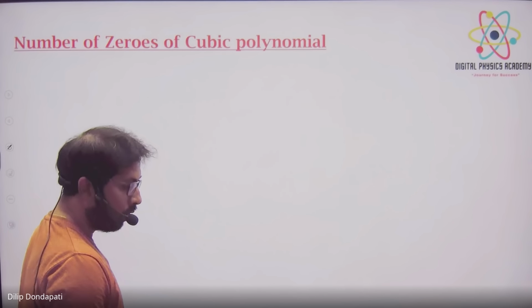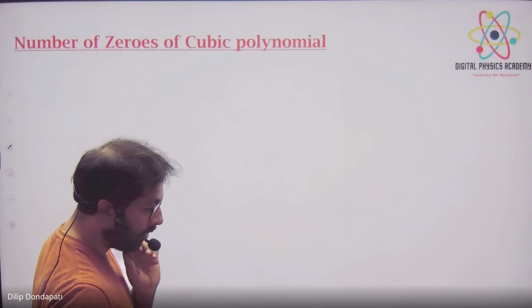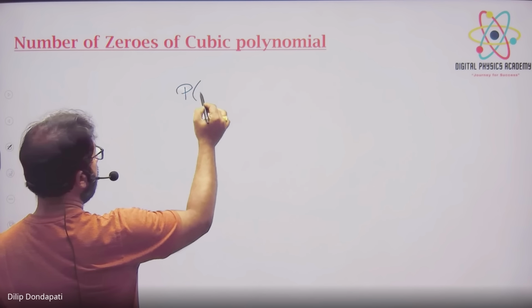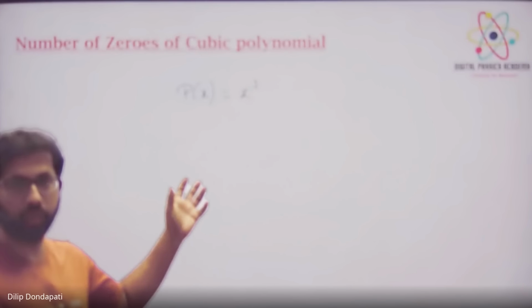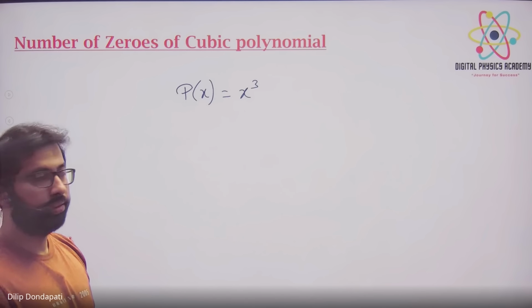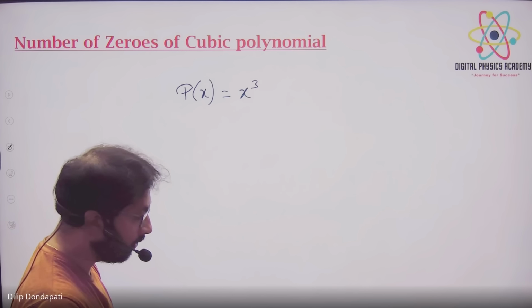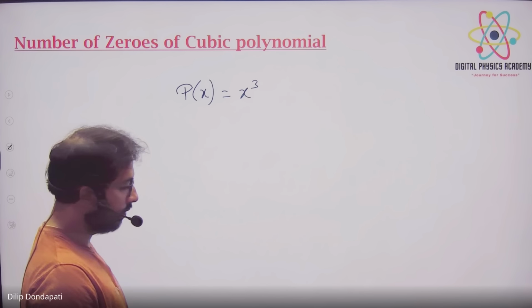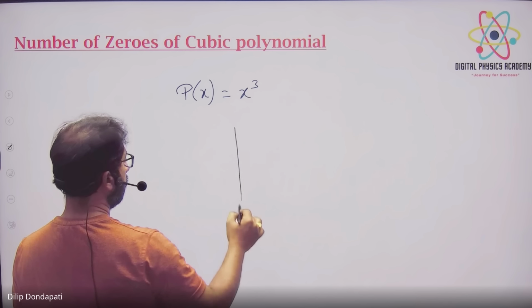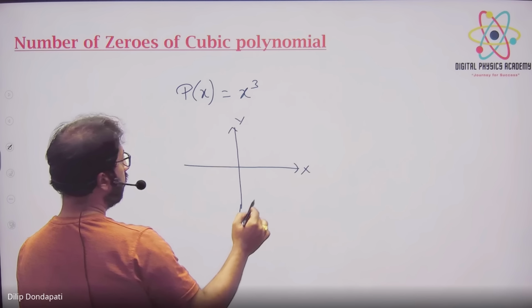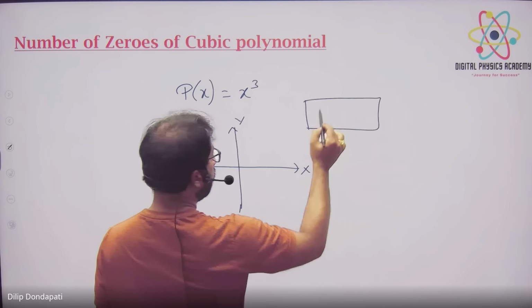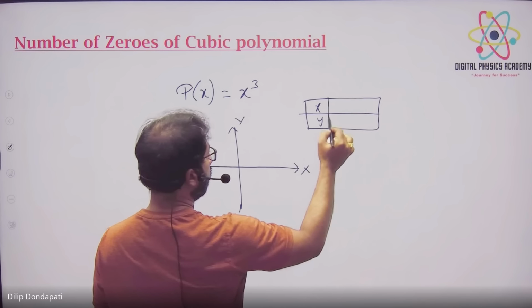Write the number of zeros of a cubic polynomial. For example, if p of x is equal to x cube, draw its graph in short form in the notebook and tell me how many zeros there are.